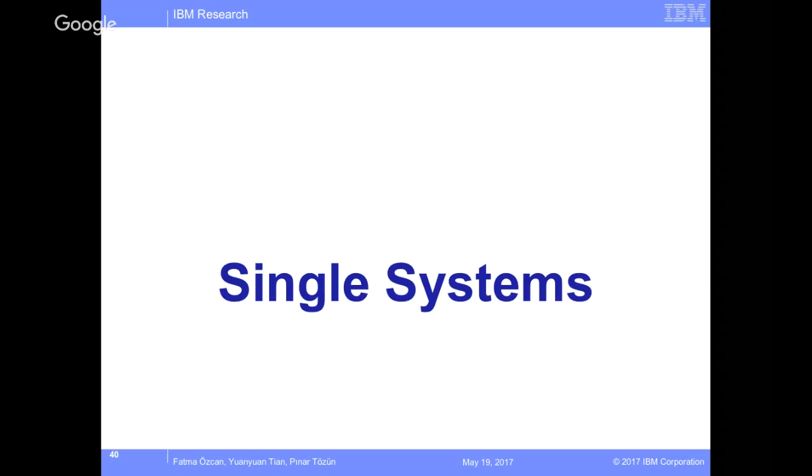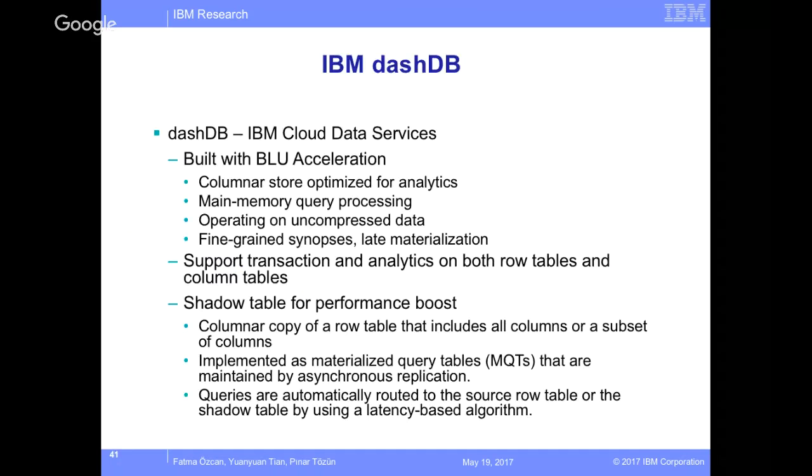Now we're getting to the single system for HTAP. We'll start with the first one, IBM DB2. Although it's in the traditional database space, it's a very interesting one. DashDB, as Fatima said, is a Blue technology, but it's served on cloud.